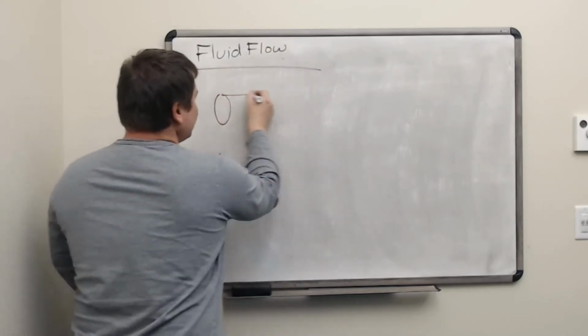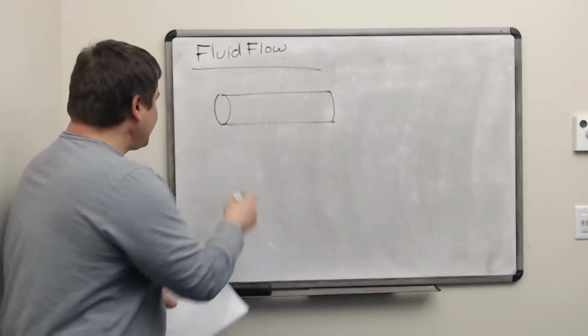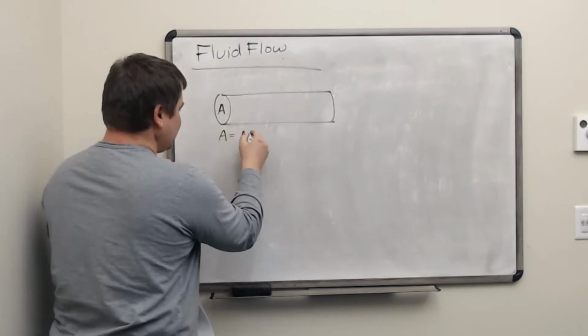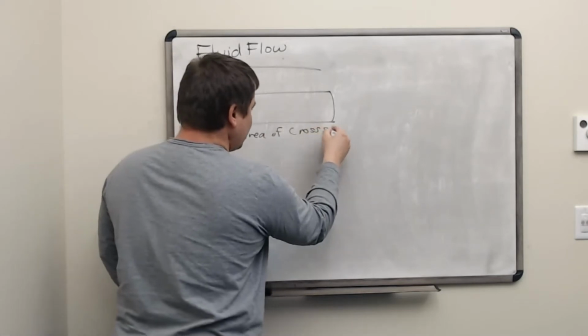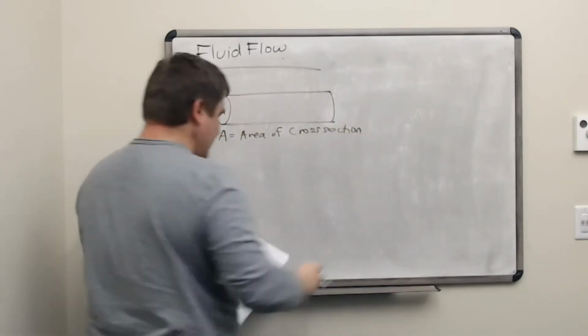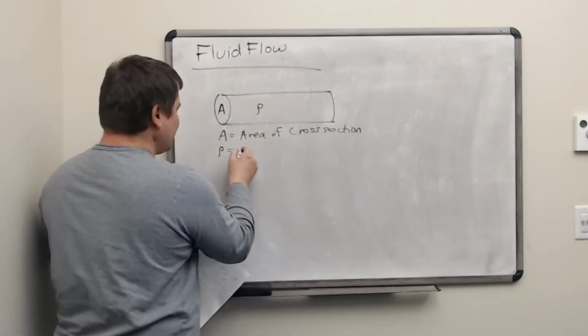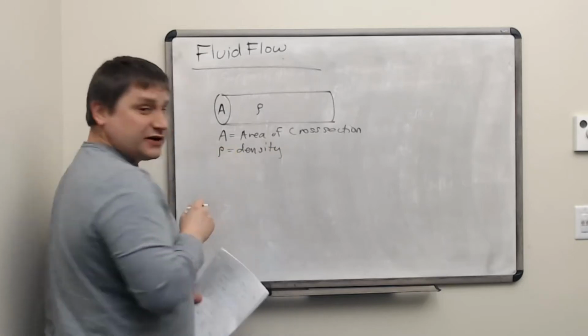Imagine a pipe or tube with some known cross-sectional area, A. And there's some fluid in this tube with a density that we'll symbolize by a lowercase Greek rho.